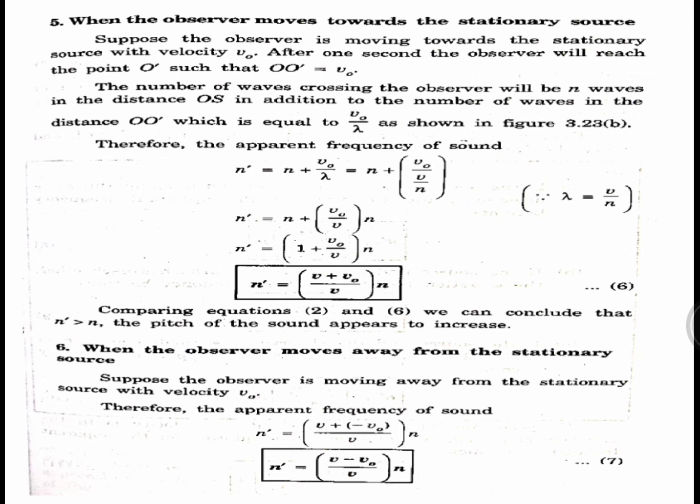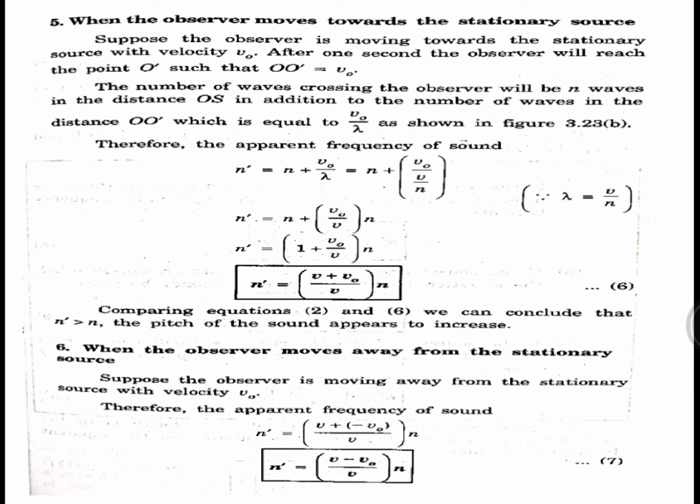The number of waves crossing the observer will be n waves in the distance OS in addition to the number of waves in the distance OO dash, which is equal to Vo divided by lambda. It is given in the figure. Therefore, the apparent frequency of sound n dash is equal to n plus Vo divided by lambda.